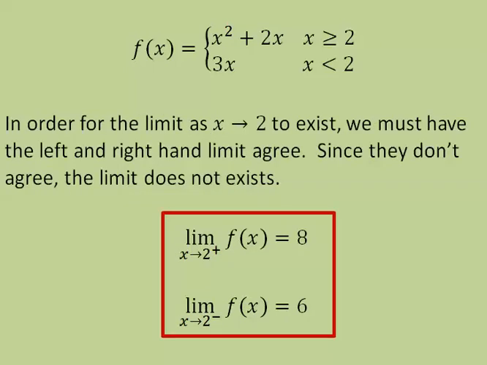The limit as x approaches 2 from the right is 8, and from the left is 6. In order for the limit to exist, the left and right hand limits must agree. Since they don't agree, the limit does not exist.